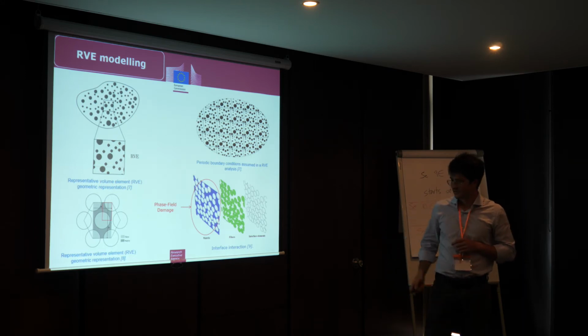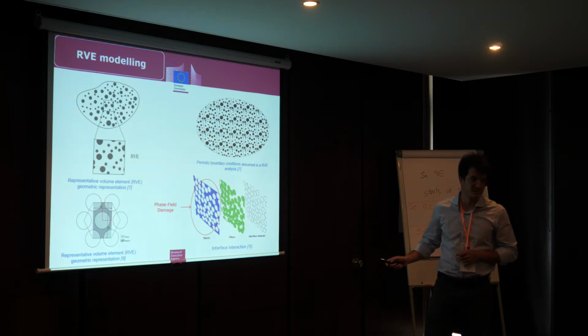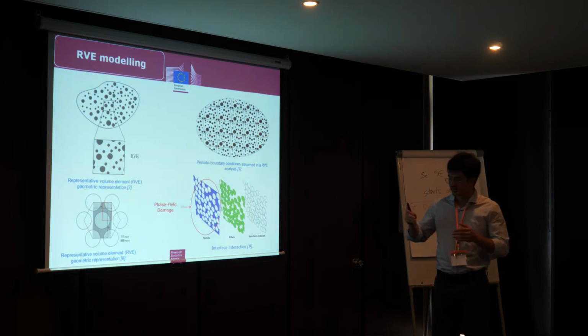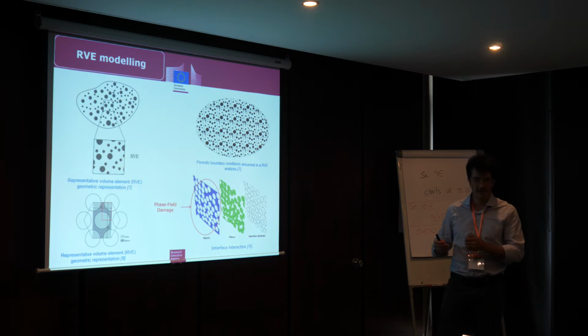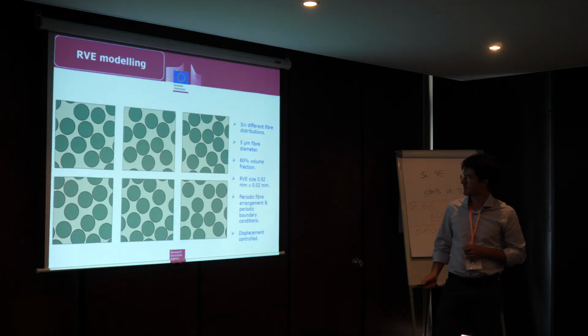Okay? So the way I'm using this is phase field is only applied on the matrix. The fibers are not expected to break because I will consider only transversal loading, and I will consider also interface elements. So failure in the interface will be given by a cohesive law.